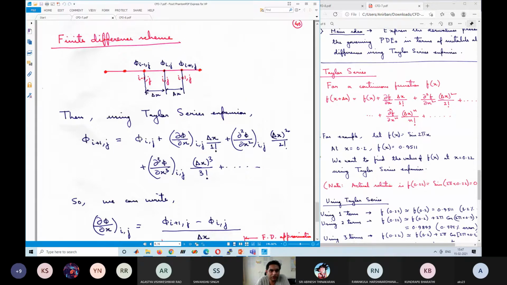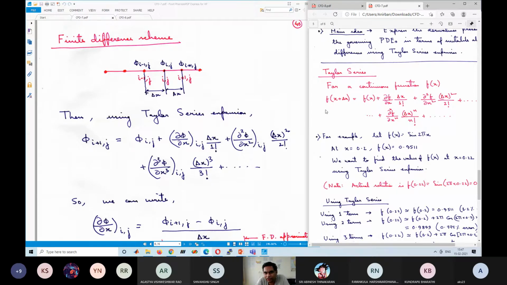So now we can use the Taylor series expansion. The Taylor series expansion is there on the right hand side; you can check and compare with this expression. So f of x plus delta x: if our x point is this I comma j, then the x plus delta x point is this I plus 1 comma j point.